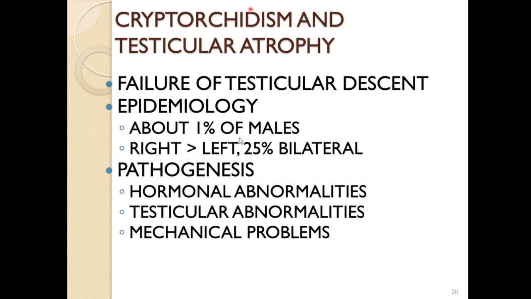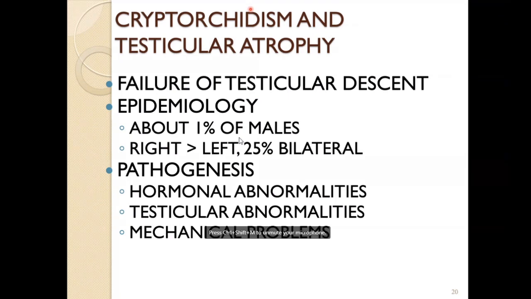So pathogenesis, they think it is hormonal abnormalities because there may be some hormones which are responsible for the testicular descent. Other reasons are testicular abnormalities, meaning that maybe it has an abdominal shape, therefore for it to descend it is difficult or impossible. Others are mechanical problems.